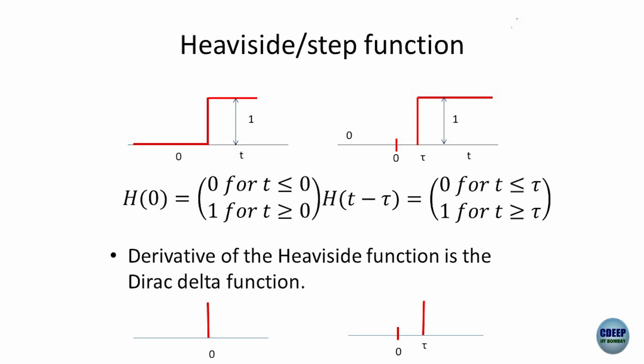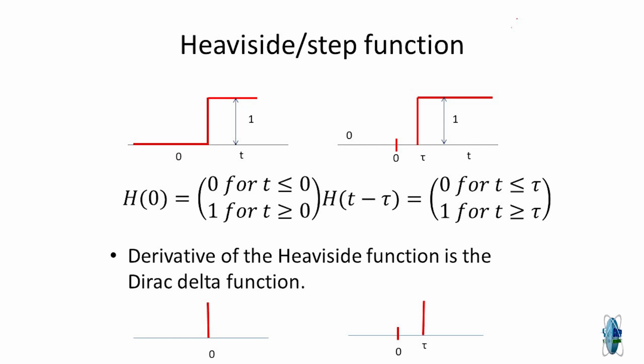Then we started looking at what is called the Heaviside step function. Okay, so what we say is that if I've got a function, and we are going to use the Heaviside function in trying to make life easier for ourselves.